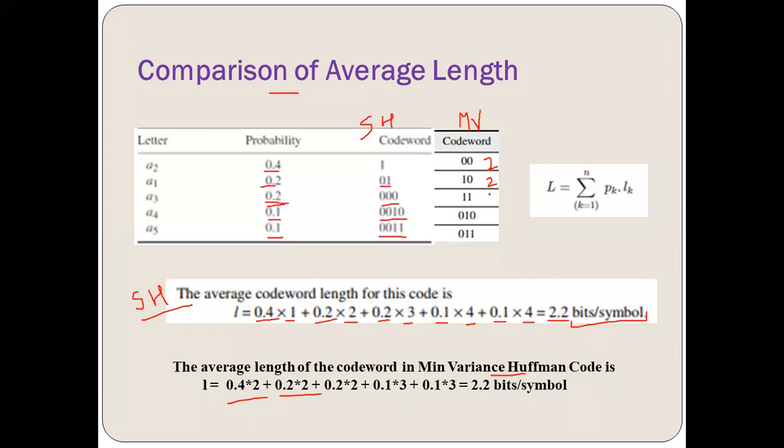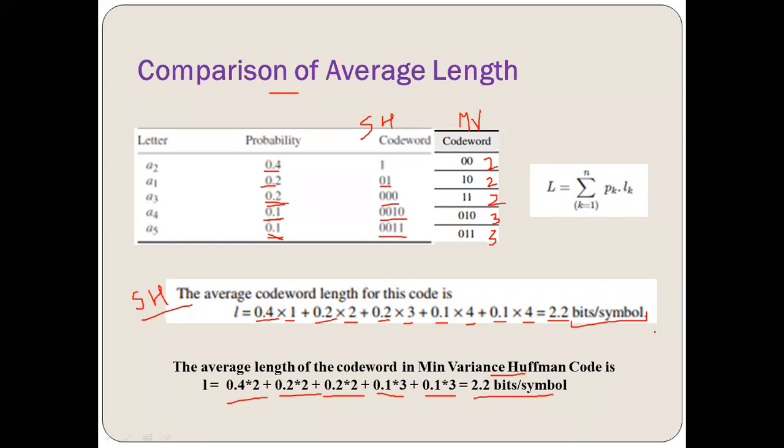Then 0.1 into 3, again 0.1 into 3. And we get, after calculation, 2.2 bits per symbol.